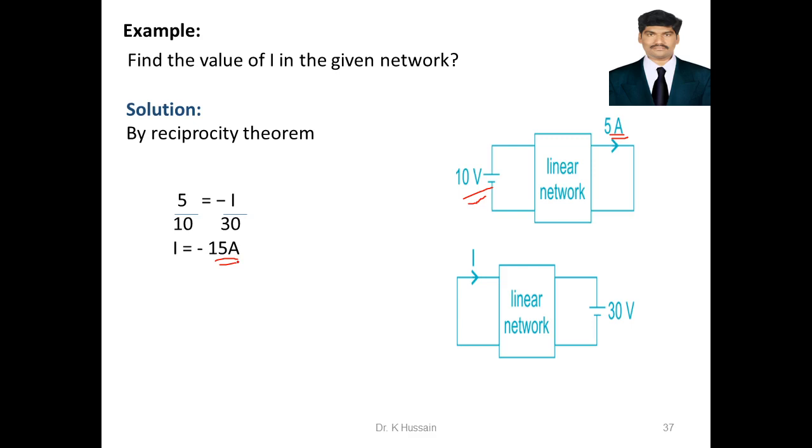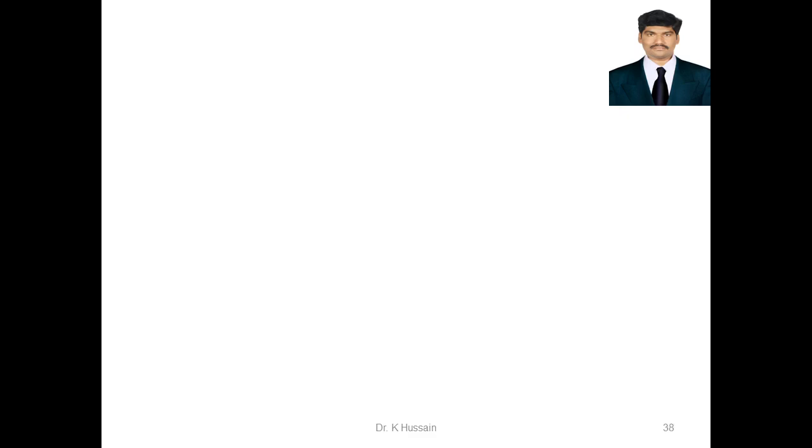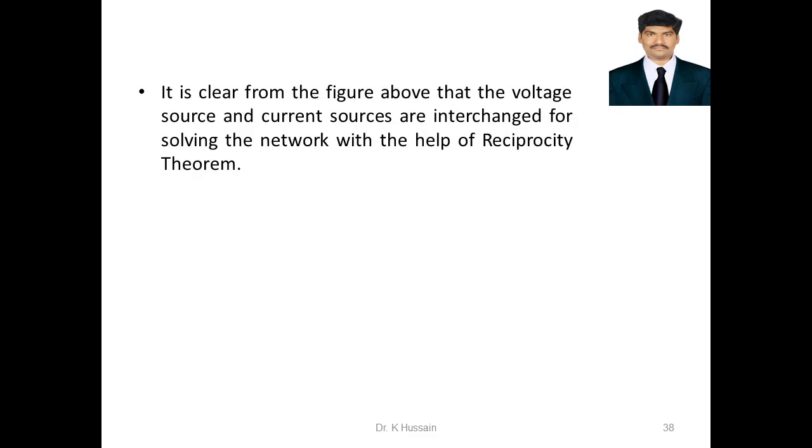Generally, it is a short answer problem only. But nowadays, this reciprocity theorem is not used for many applications. It is a rarely used theorem nowadays. Okay, that is the main point. It is clear from the figure above that the voltage source and current source are interchanged for solving the network with the help of reciprocity.